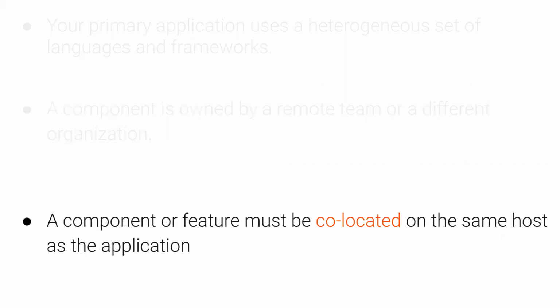And the other use case is if the feature must be co-located on the same host. For example, monitoring again. Let's say your microservice is hosted in one VPC and your component is located in another VPC.